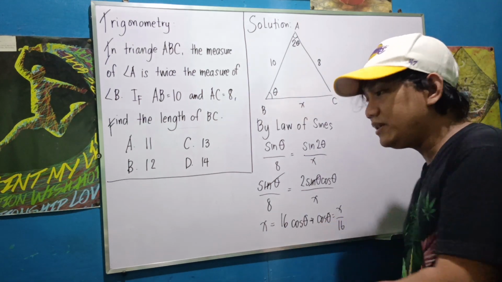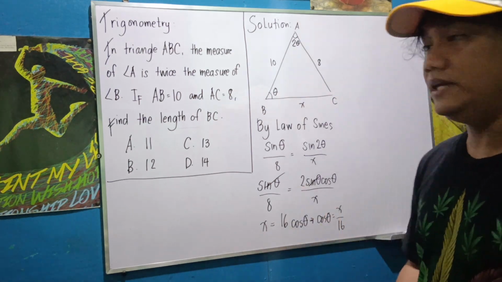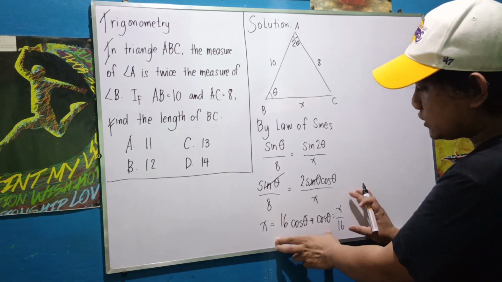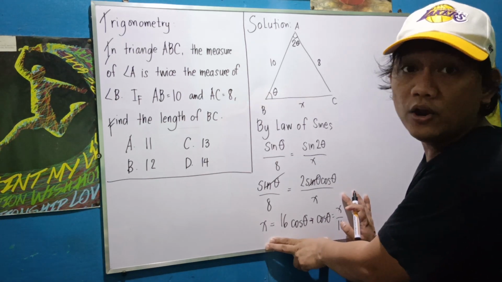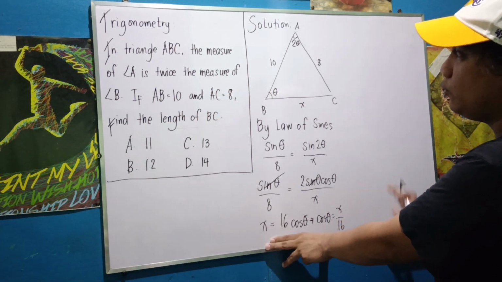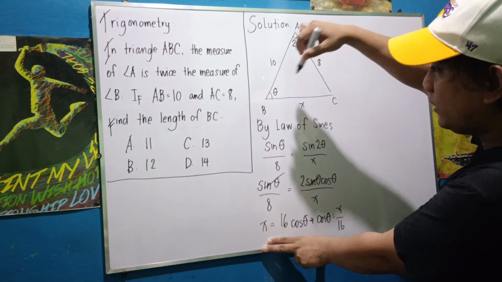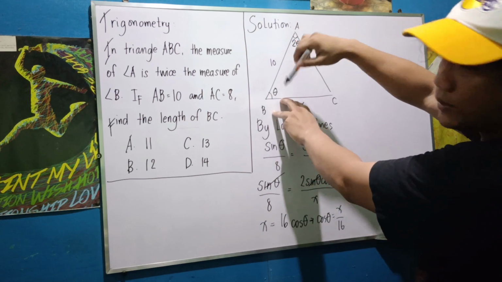So saan natin gagamitin yan? Where will we use it, Sir IJ? We will use this on the cosine law or the law of cosines. How do we apply it? Of course, we will consider the single angle, which is theta.